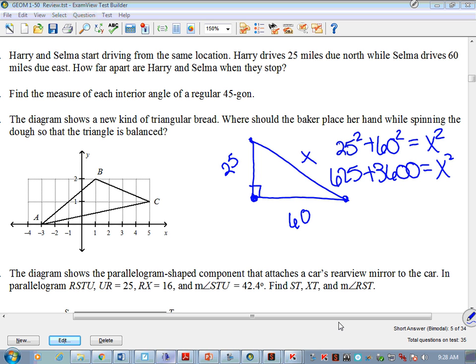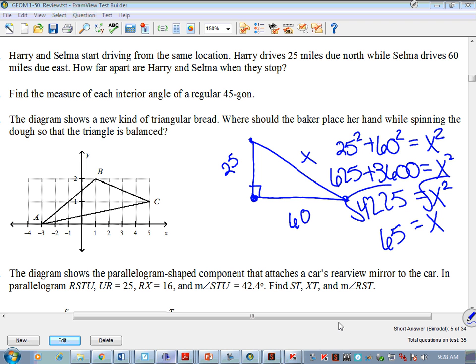Yes. 4,225. He can do big addition in his head. Okay. What is the square root of 4,225? Something he can't do in his head? 65. Okay. When we square root both sides, they are 65 miles apart.